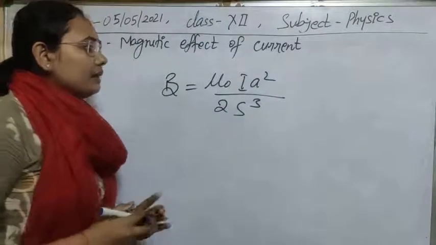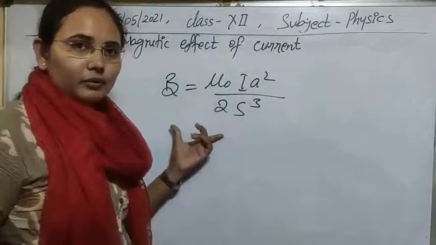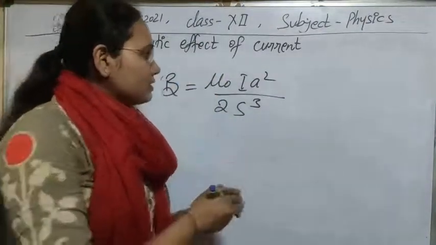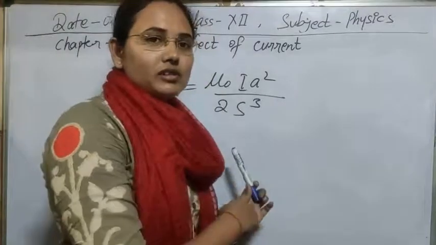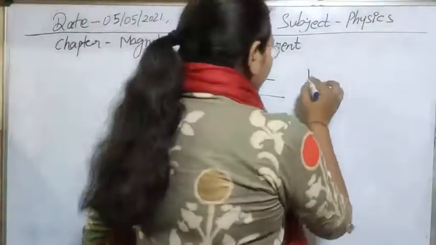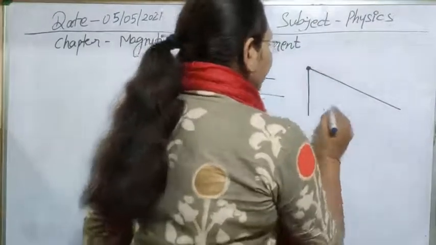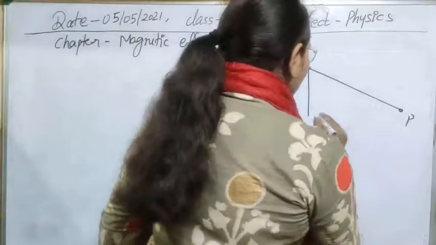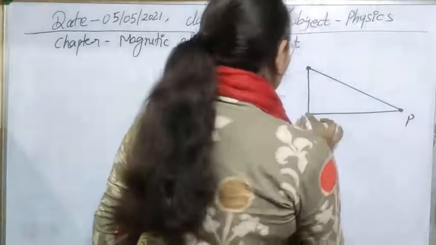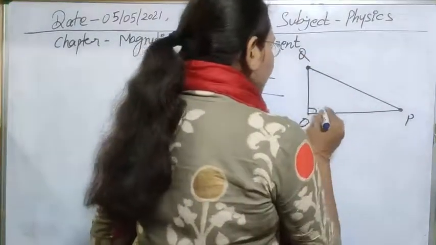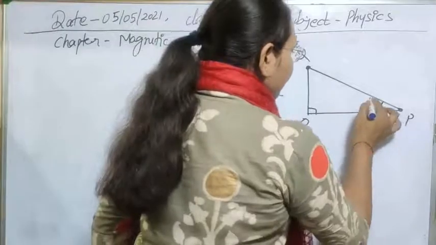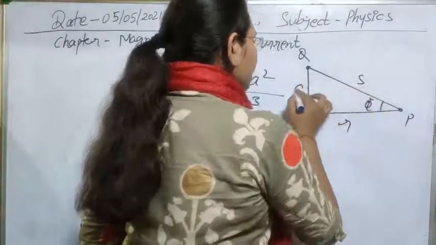Now if you see the figure that I have just drawn, the current element we have taken, this is our point P, this is our center O, this is Q, and this was 90 degrees, this is our angle phi, this is R, this is S, and this is A.